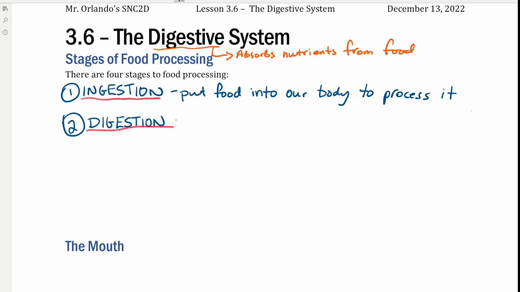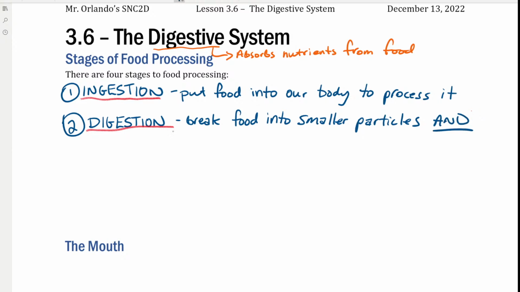And digestion is where we break food into smaller particles and break large molecules in the food down into smaller ones.